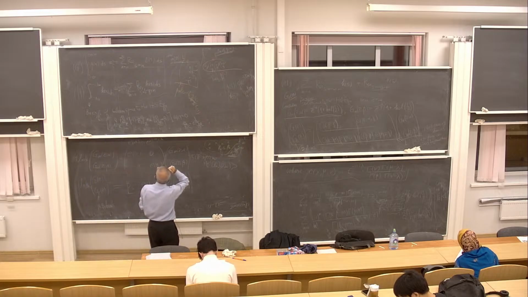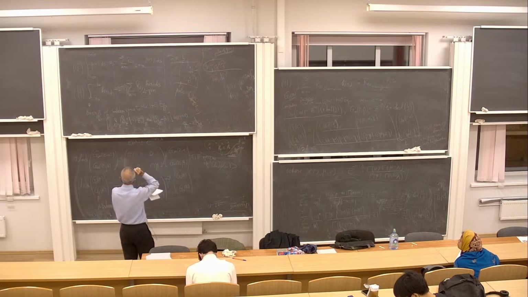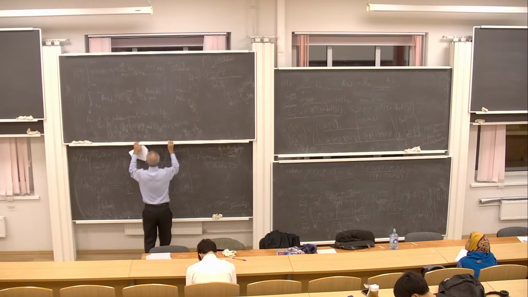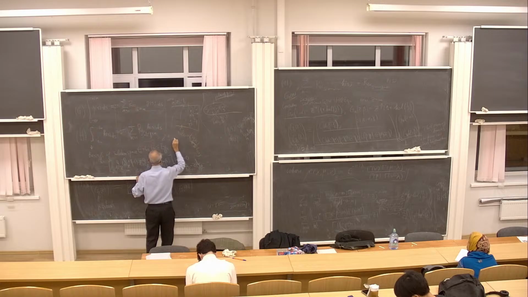Evidently, it is z to the power r times a holomorphic function, so there is no monodromy. If it makes a turn around 0, it doesn't change. The second one does have monodromy, because it is z to the power 1 minus gamma times some holomorphic function at 0.